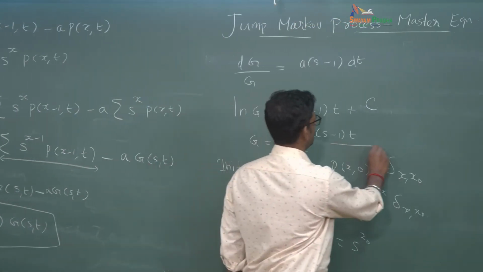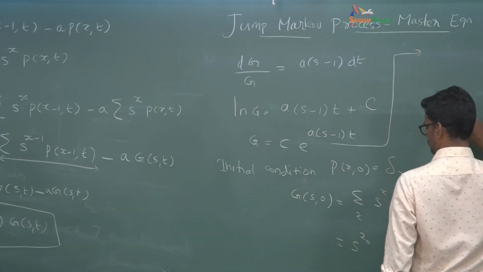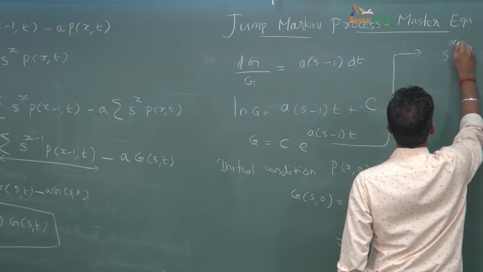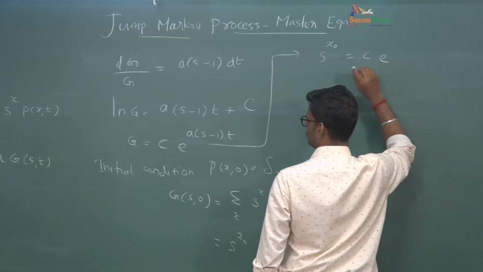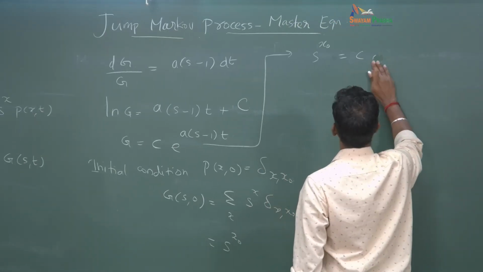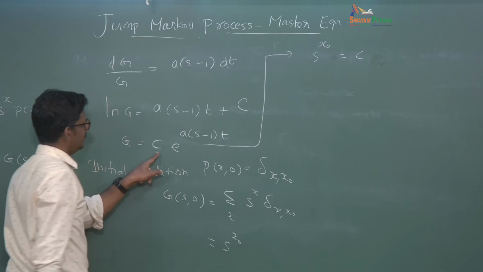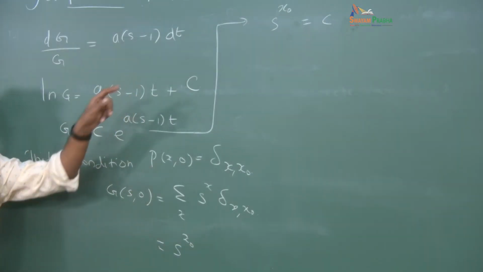So from here we see that s power x naught is equal to c times e power 0, which is just 1. So the constant c here is nothing but s power x naught.